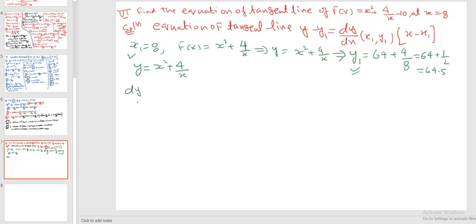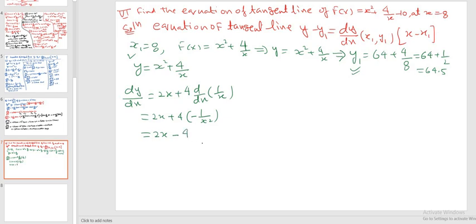Differentiate this with respect to x. So d/dx: derivative of x² is 2x, plus 4 d/dx of 1 by x. I'm not writing directly because maybe some students get confused. d/dx of 1 by x is minus 1 divided by x². So it comes 2x minus 4 divided by x².